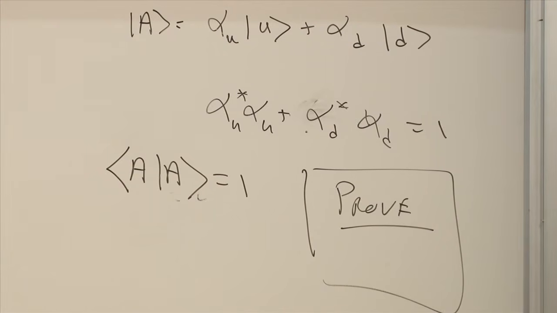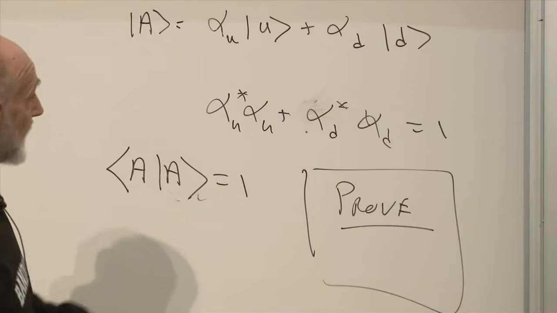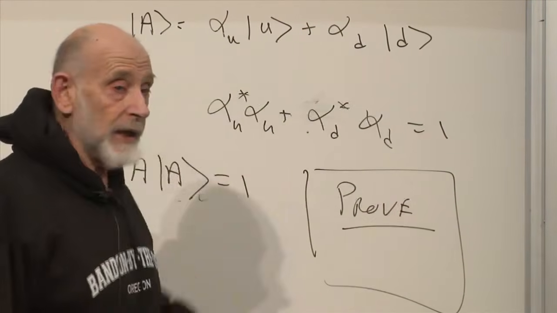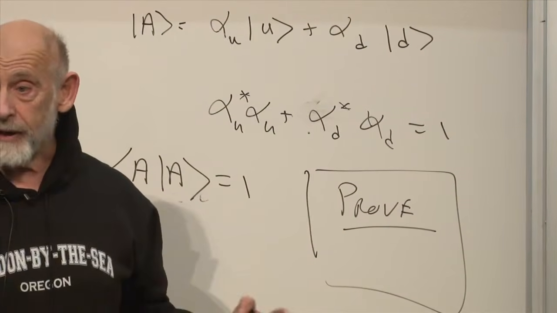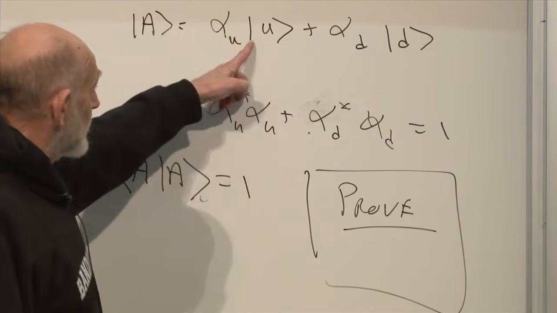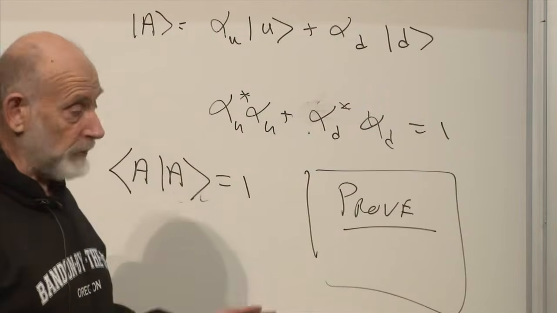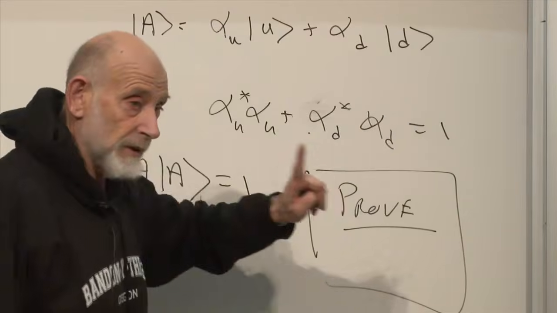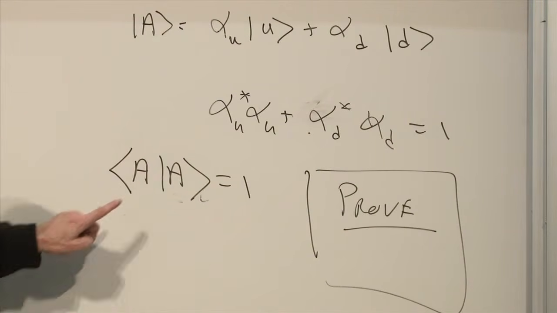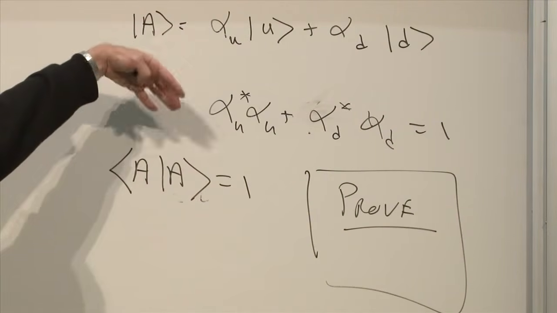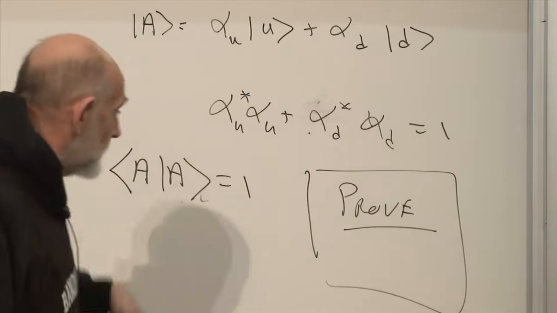It does follow from the postulates and the assumption that U and D are perpendicular unit vectors. They're orthogonal to each other. They're unit vectors. If they're not unit vectors, you can change them until they are unit vectors.